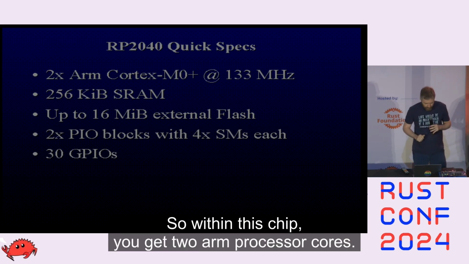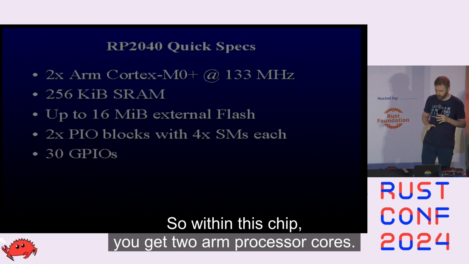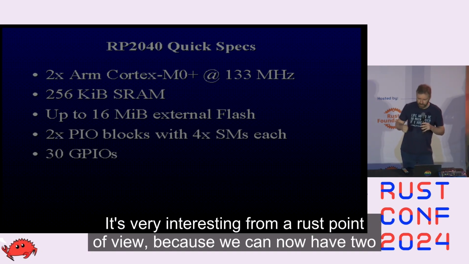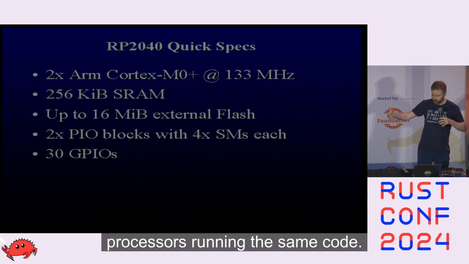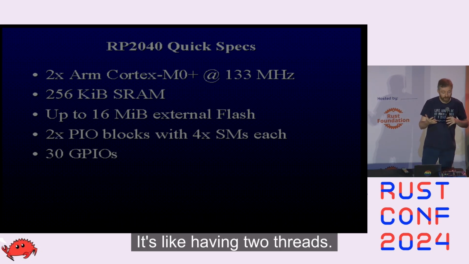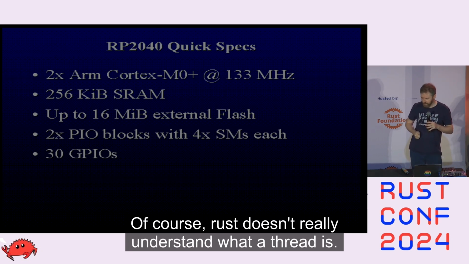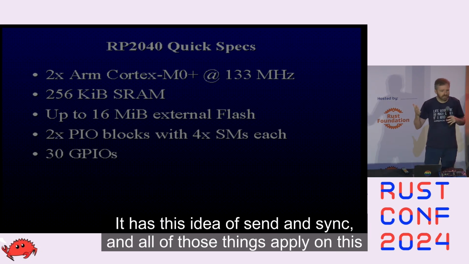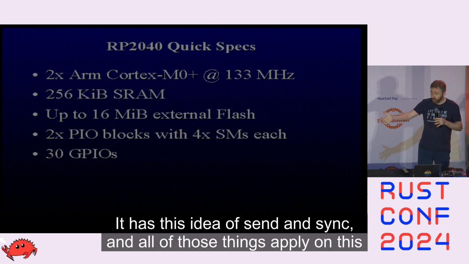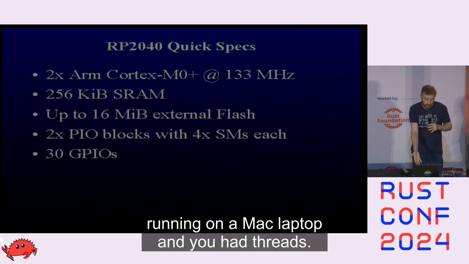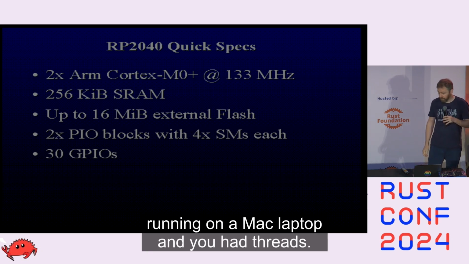So within this chip, you get 2 ARM processor cores. It's very interesting from a Rust point of view, because we can now have 2 processors running the same code. It's like having 2 threads. Of course, Rust doesn't really understand what a thread is. It has this idea of Send and Sync, and all of those things apply on this embedded system with 2 cores, just as they would if you were, say, running on a Mac laptop and you had threads.